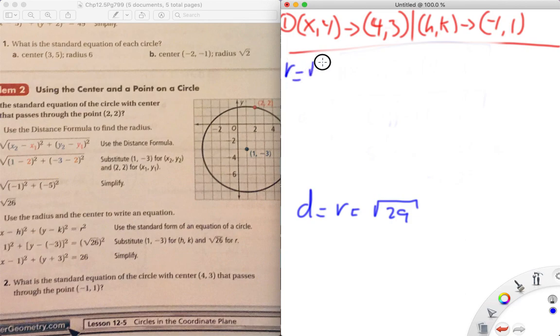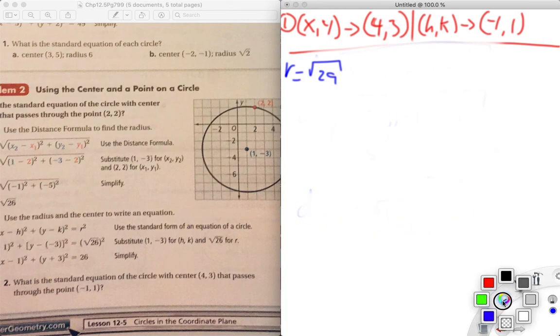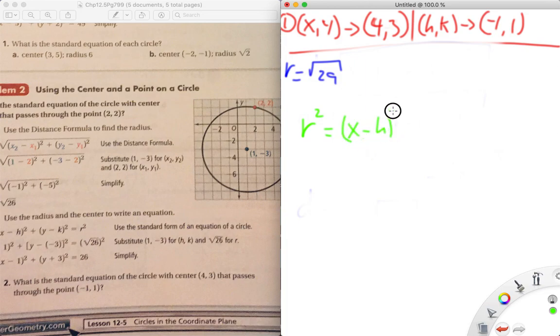Our radius is equal to the square root of 29. And once we find our radius, then we can use the equation of a circle, which says that radius squared is equal to x minus h squared plus y minus k squared.